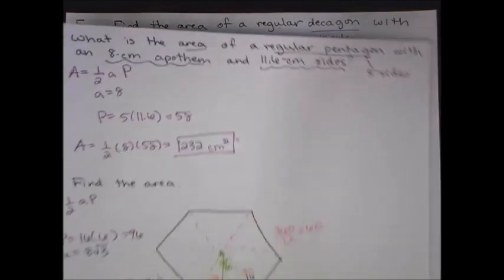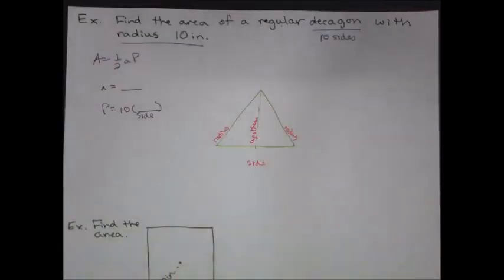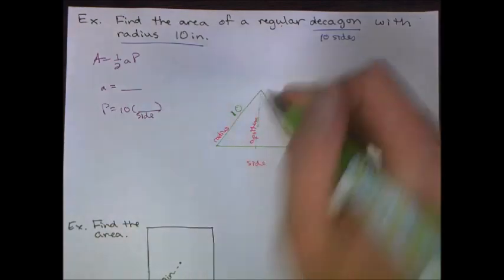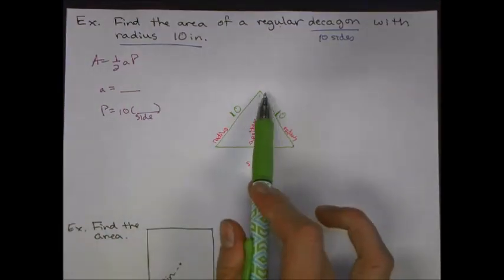So I'm just focusing on that center triangle, that middle triangle. Now, we were told that our radius was 10. We need to find our central angle.